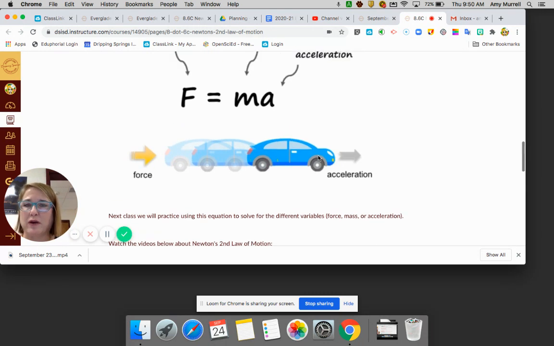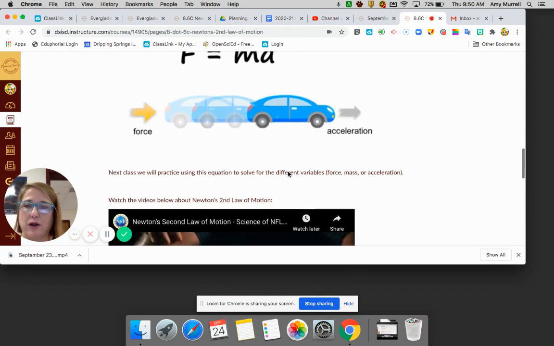On the triangle, since you have mass times acceleration, those two are on the bottom, and the F for force is on the top, and then the triangle works the exact same way. So today in class, we're going to be practicing using this equation to solve for different variables.